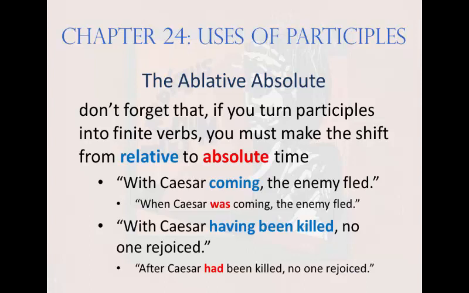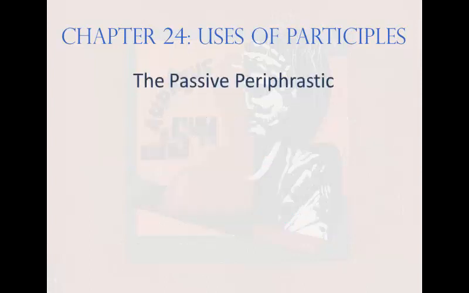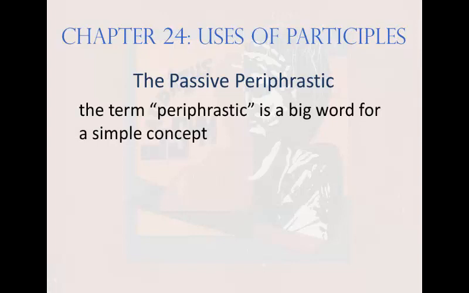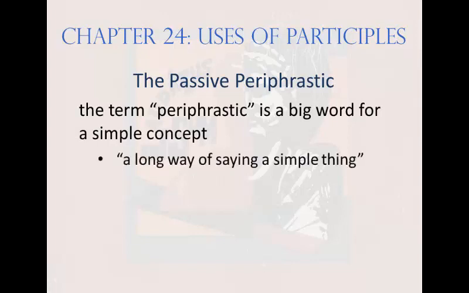Yikes! The second participle-based construction introduced in this chapter is the passive periphrastic. We've already encountered the term periphrastic, meaning something that's a long way of saying a simple thing, when we talked about the future active periphrastic, "I am going or about to do something," a circuitous trek around the simpler expression, "I will do it."